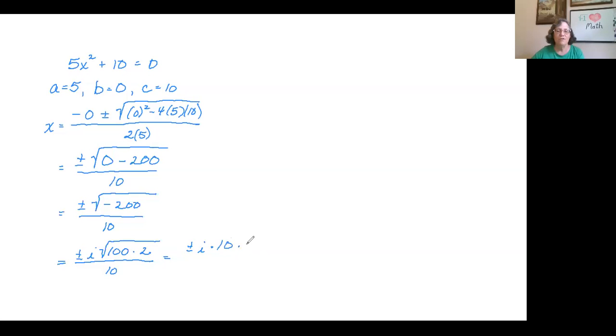The square root of 2 is hopeless. Divided by 10. Now, normally I would move the 10 to the front of the i, but these just cancel. So my two solutions are going to be plus or minus the square root of 2, i.